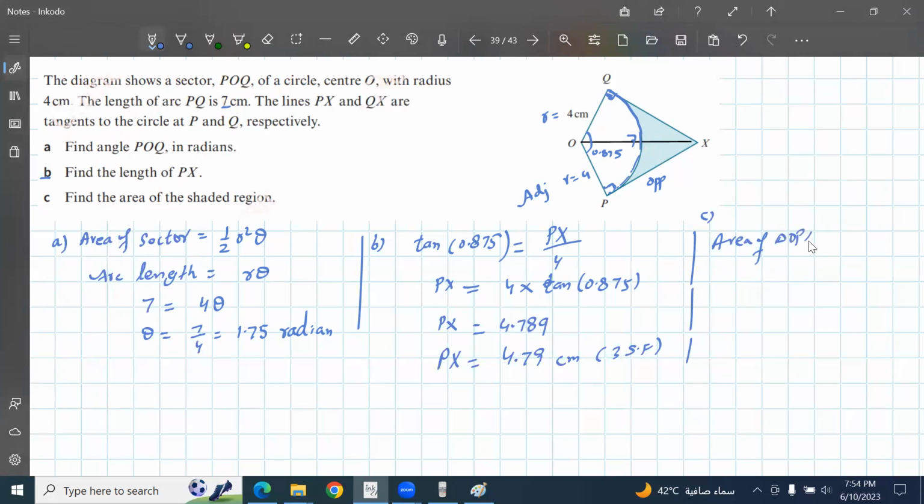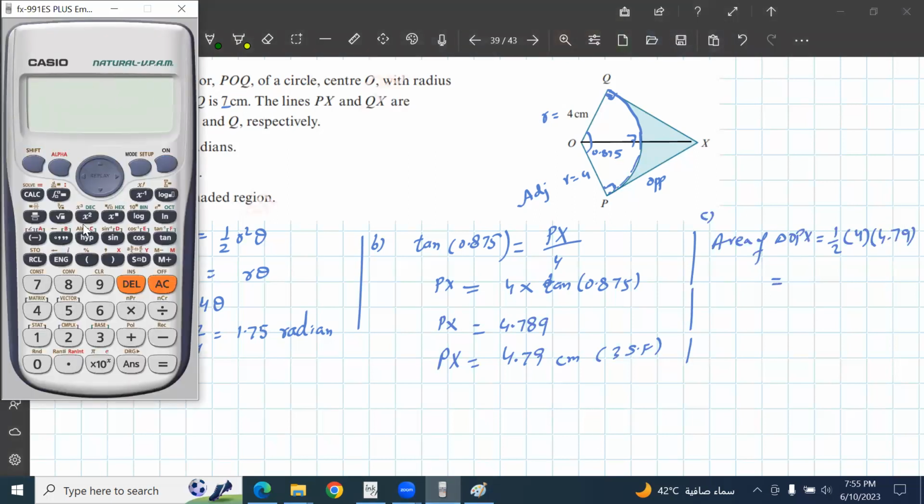Triangle OPX is a right angle triangle, so we can apply 1 over 2 base times height. Base is 4 and height is PX, which we just found, 4.79. So 4 multiplied by 4.79, divided by 2, gives me 9.58.